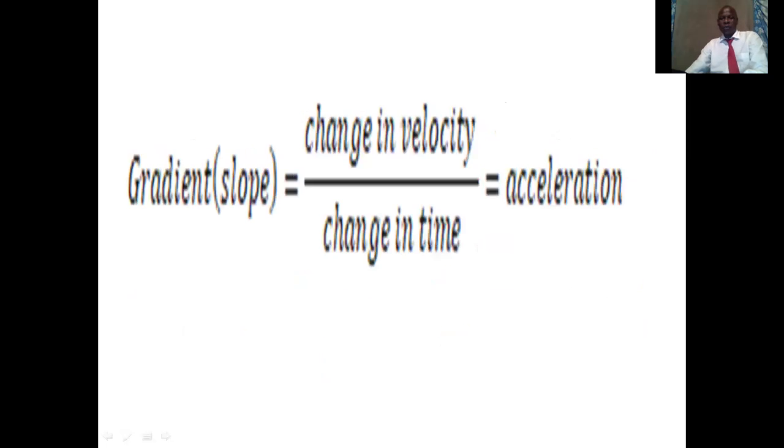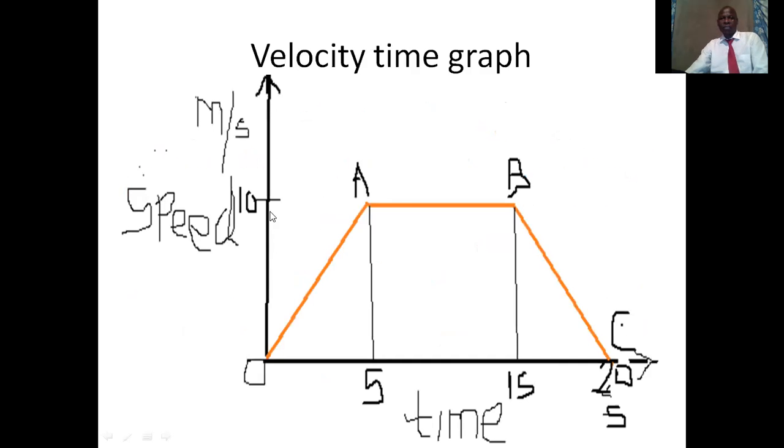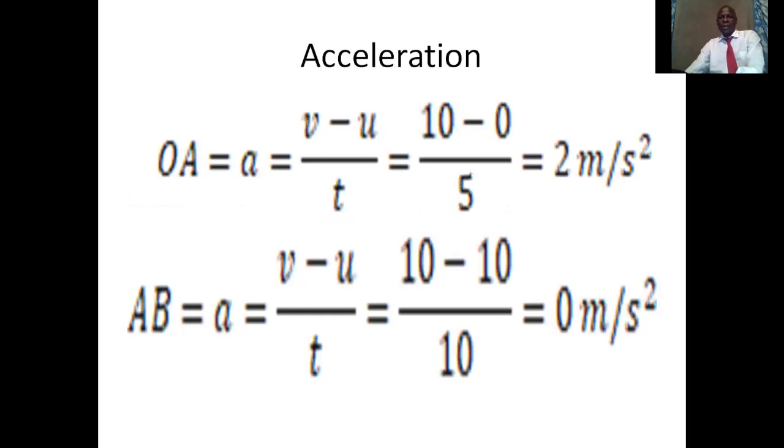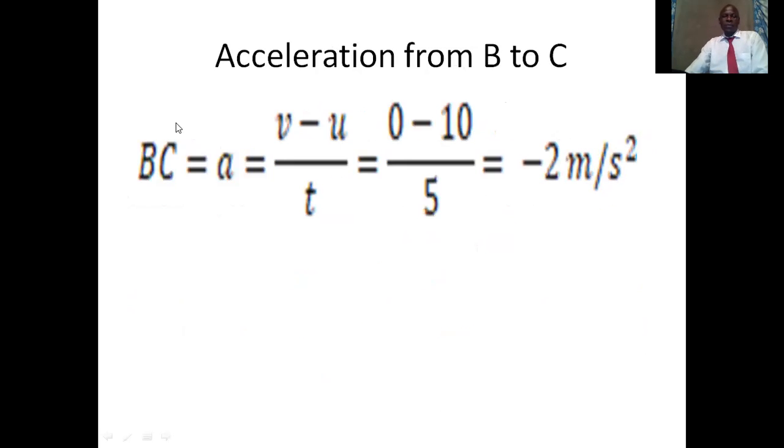So here, when the velocity is constant, what we mean is that the velocity is the same. If the velocity is the same, it means that acceleration would be 0. So we find now the acceleration between B and C.